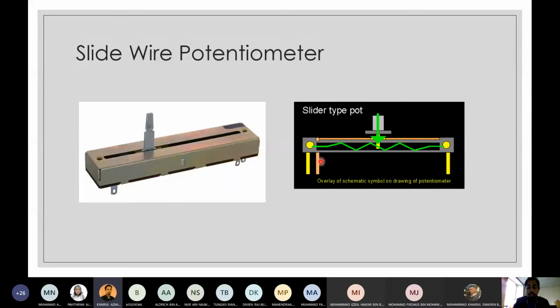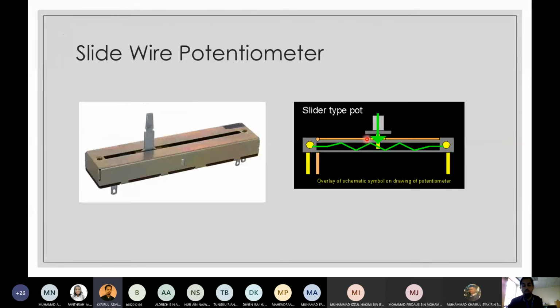And then this pink pin here will depend on the position of the slider. As you move the slider to the right or to the left, the resistance will change. And when the resistance changes, the voltage will change. So it will be reflected by this other pin here. So this is the schematic diagram of a potentiometer.